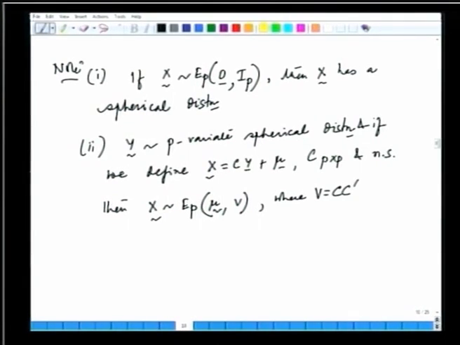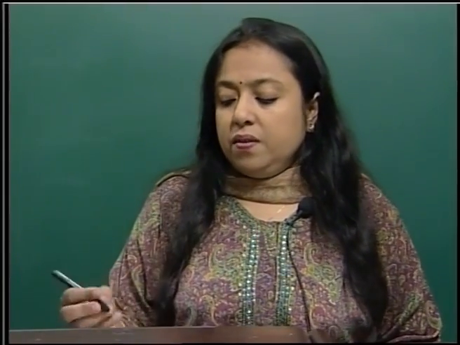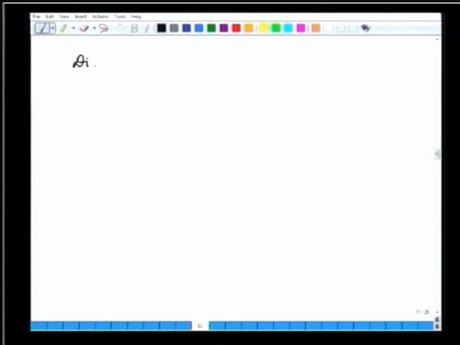So, we have defined multivariate spherical distribution and the elliptical distribution and shown the connection between them. Now, we go back to our sample correlation coefficient and look into the distribution of not r but r square. So, we talk about the distribution of r square.